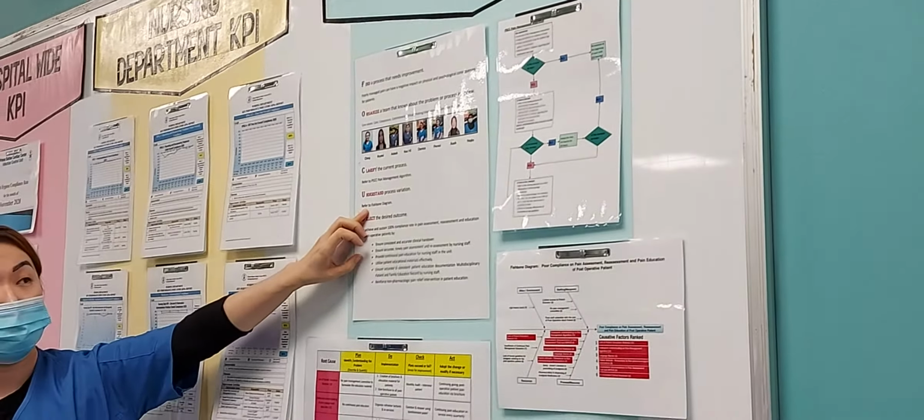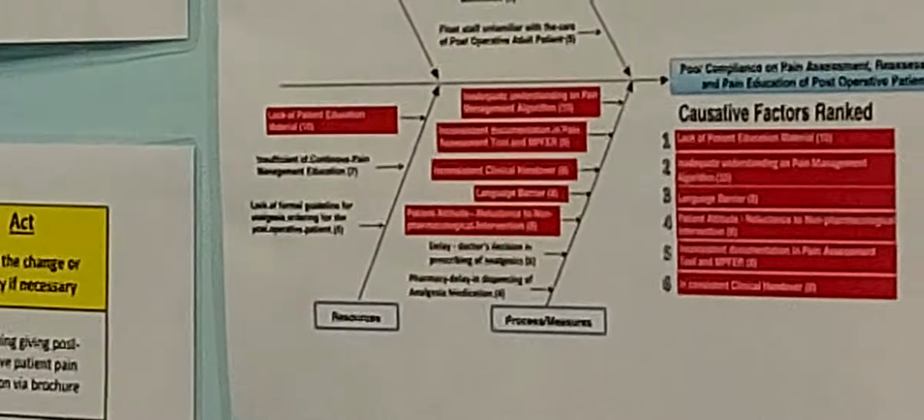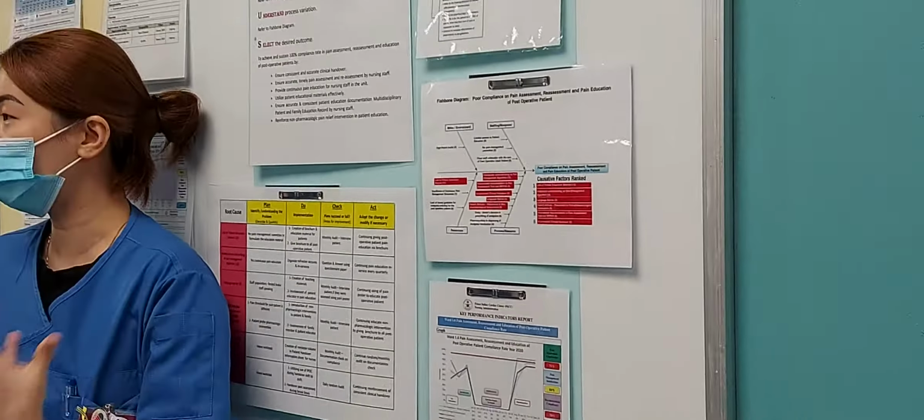But do you see why there is a rating and a numbering at the end of the factors? We have a score of 10, we have a score of 7, we have a score of 5. What is the reason? The reason is we have to select those high priority factors that nursing can change or nursing can do something about.